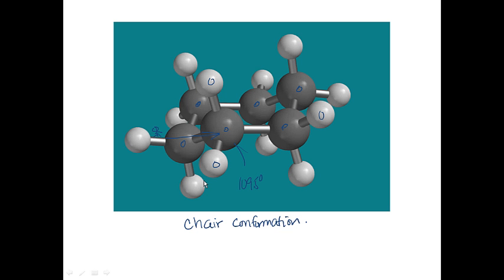So what we'll do for Friday's lecture is we'll talk about cyclohexane conformations and then begin to rank those conformations in energy, sort of like what we did on Monday, talking about the Newman projections and the conformations of the acyclic alkanes.